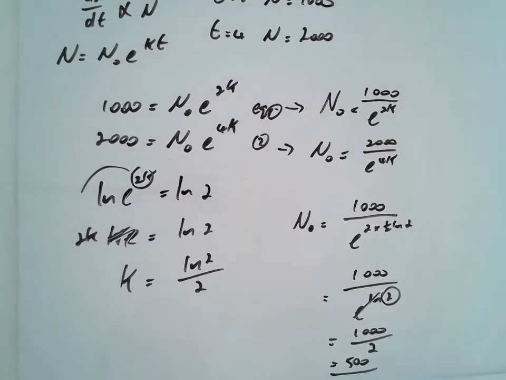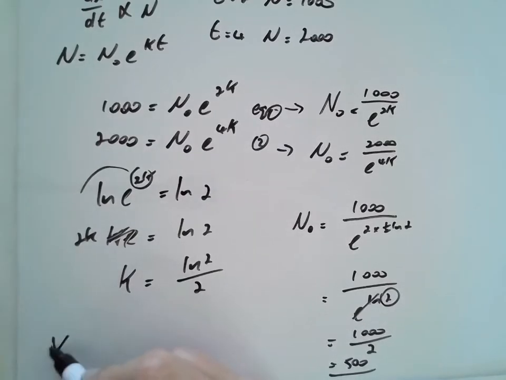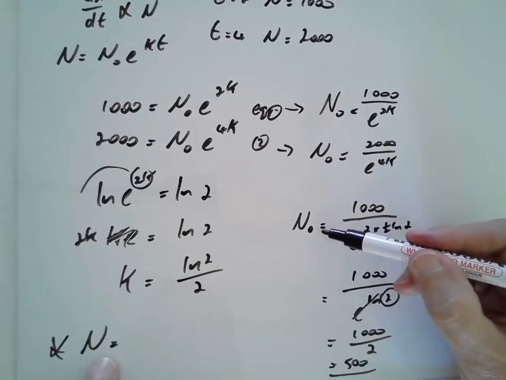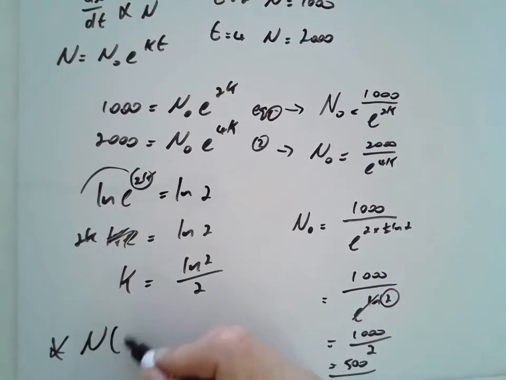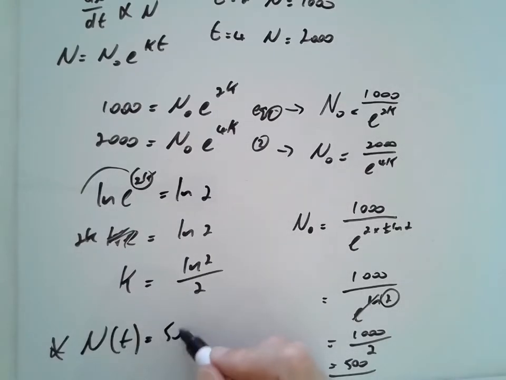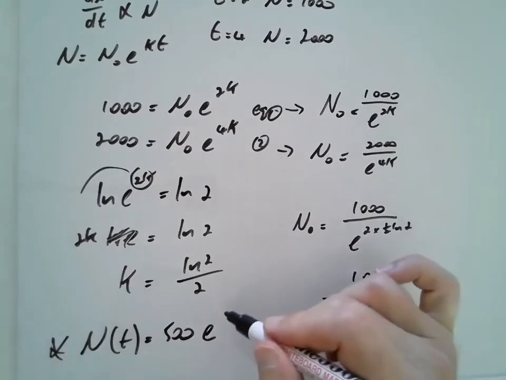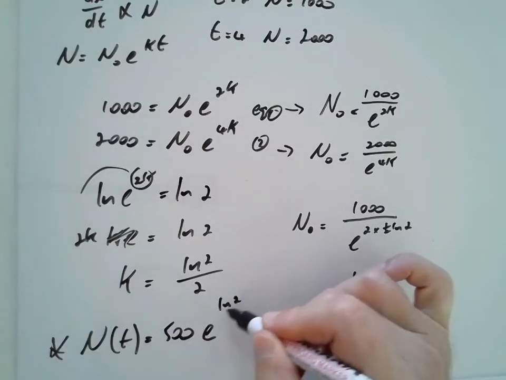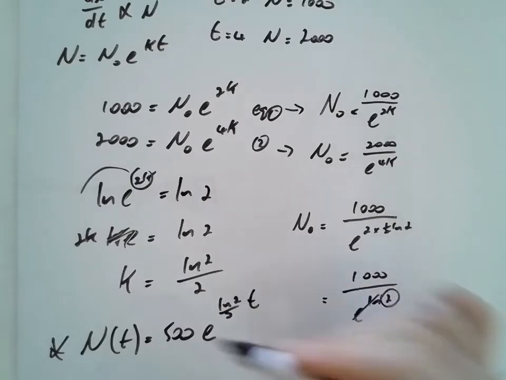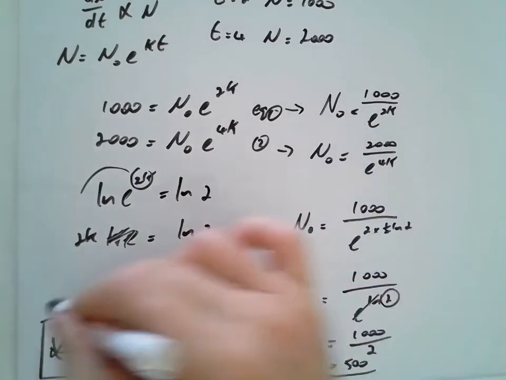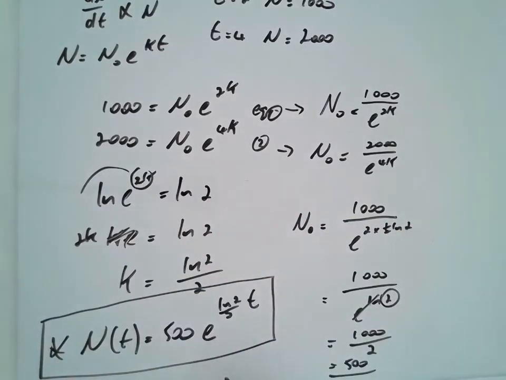So that 500, and I know it's a bit of a mess, that's our N0. So our function N(t) is going to equal 500 e to the kt. So that's our resulting function.